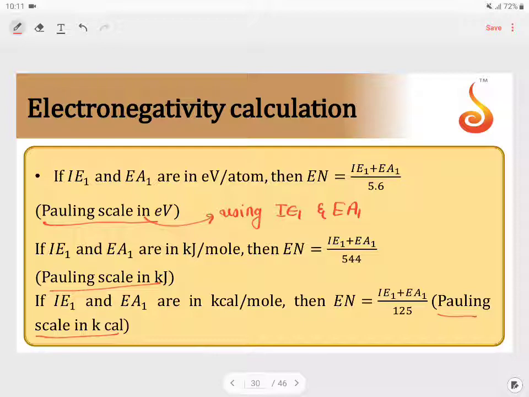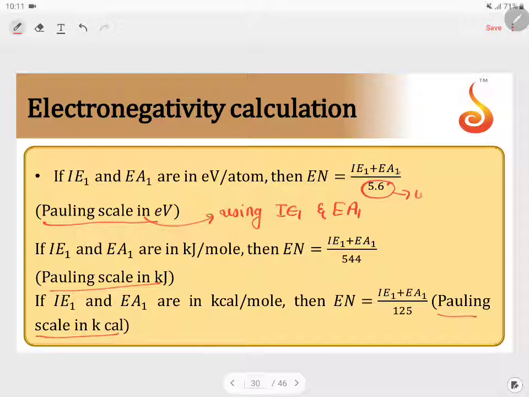But using the same ionization energy and electron affinity values, if you want the value in the Pauling scale, then the formula will be slightly different. Electronegativity is equal to ionization energy plus electron affinity divided by 5.6.